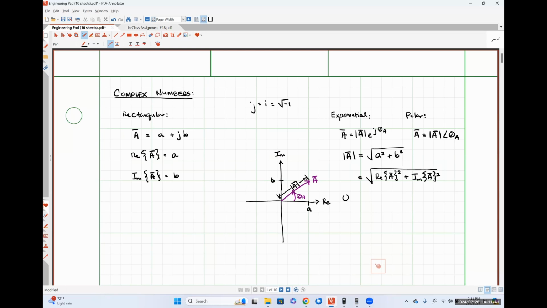Using trig identities, we can figure out what our angle theta A is going to be.